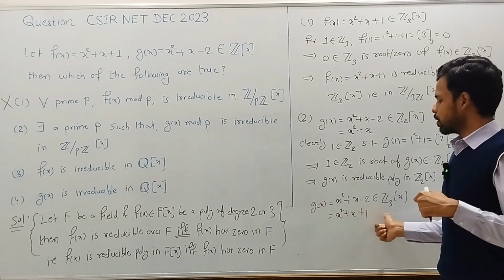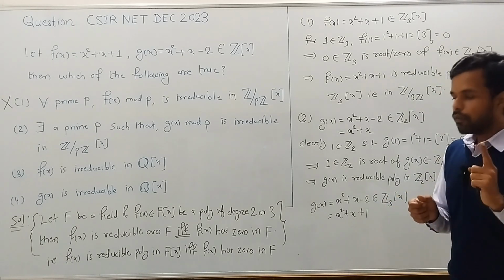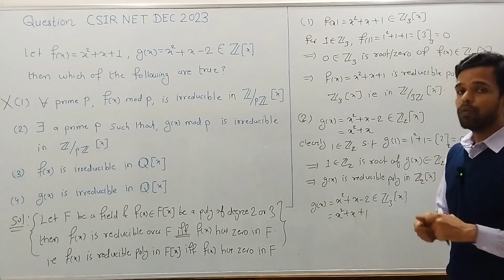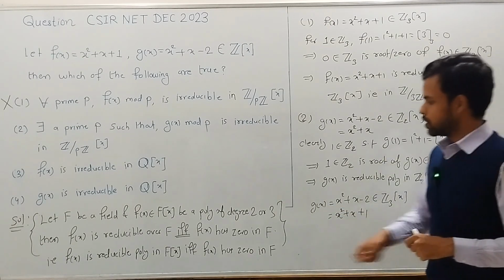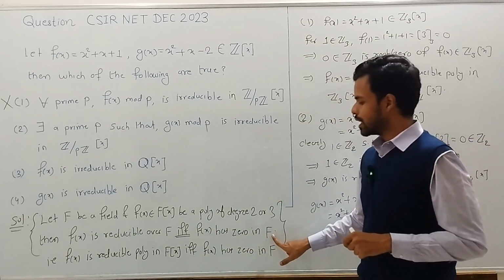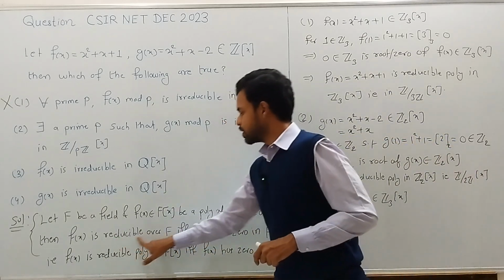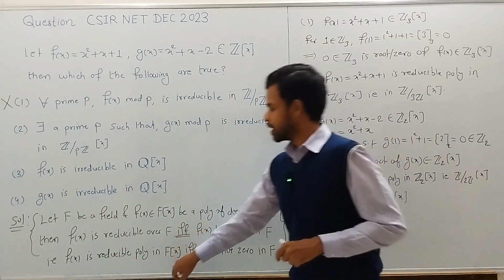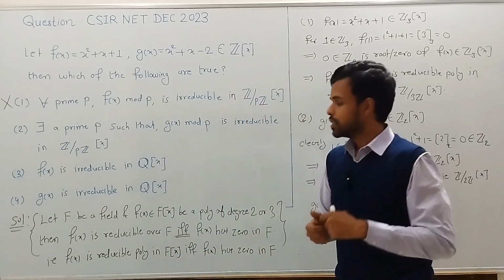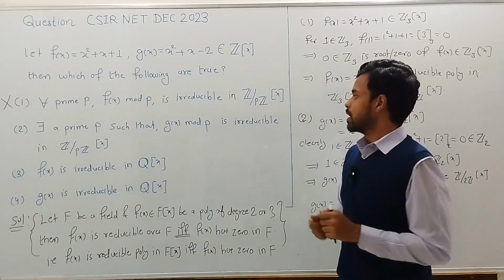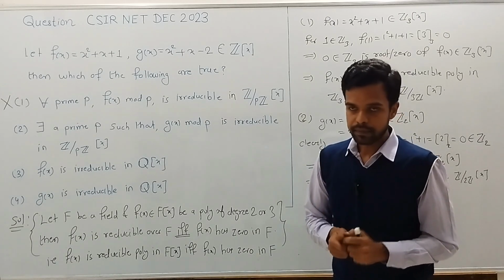So g(1) equals 0. That implies 1 in Z3 is a root of g(x) in Z3. So g(x) has a root in Z3, so g(x) is a reducible polynomial over Z3. That is, g(x) is a reducible polynomial in Z3[x], that is in Z/3Z[x].